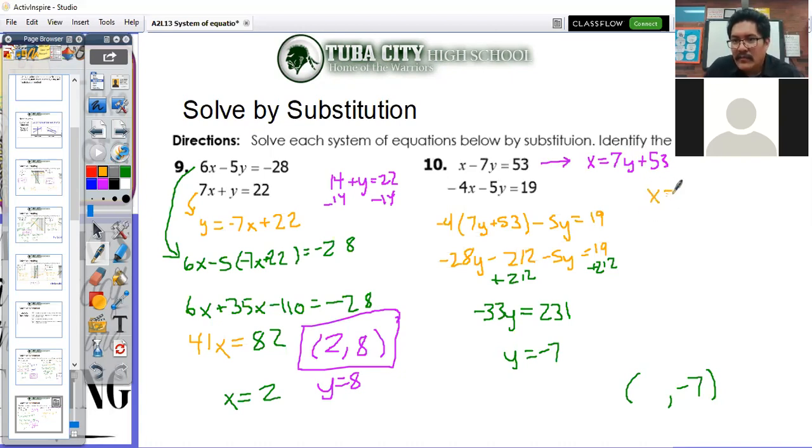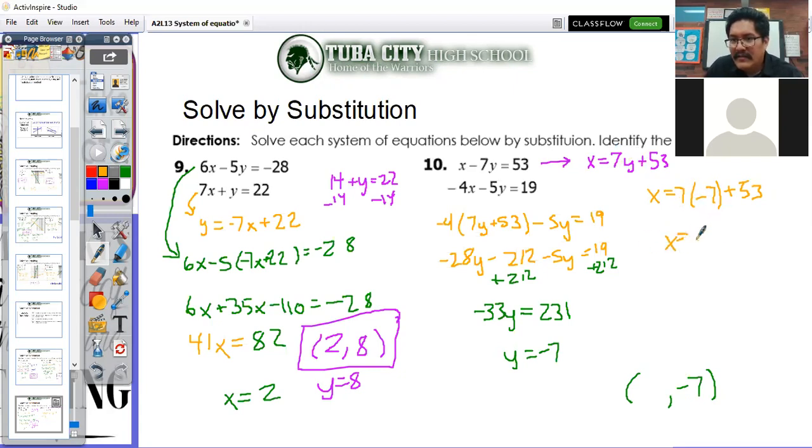So x equals 7y plus 53, but I know that y is -7. So 7y plus 53, but y is -7.